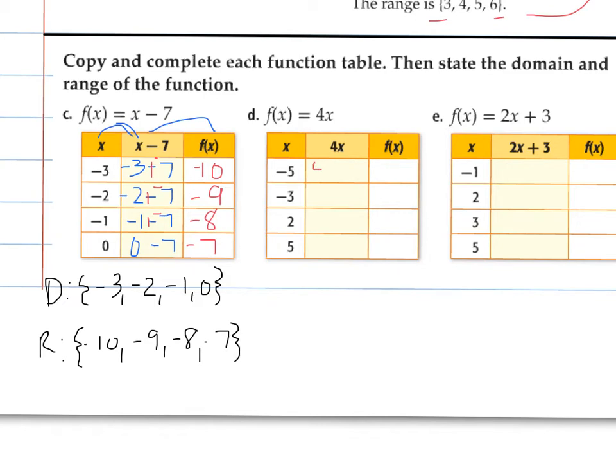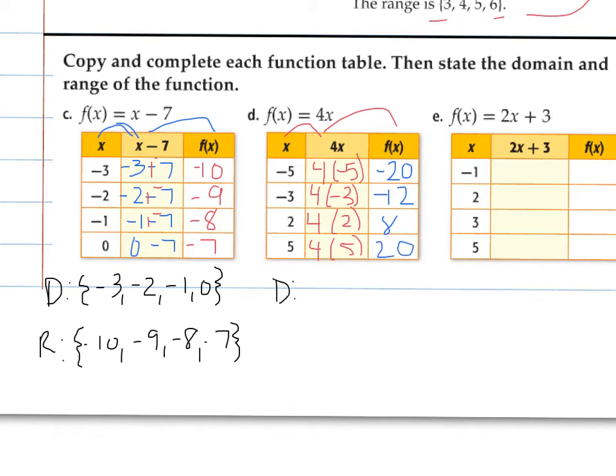Same thing over here then. 4 times our x of -5, input, output. Positive times the negative is a negative. 4 times -3, we get out a -12. 4 times +2, we get out a +8. 4 times +5, we get out a +20.